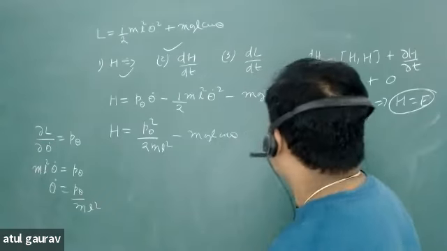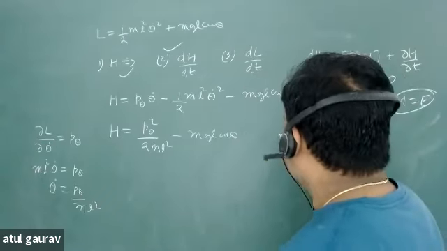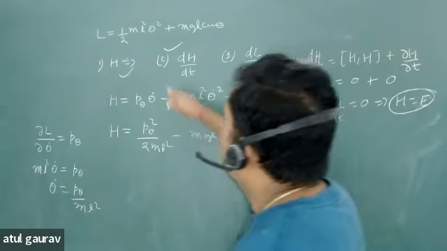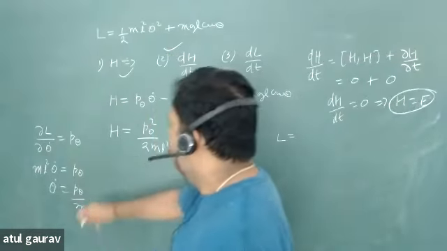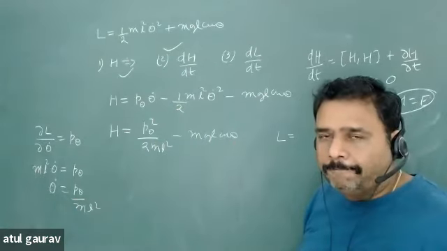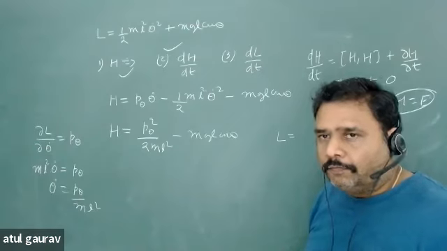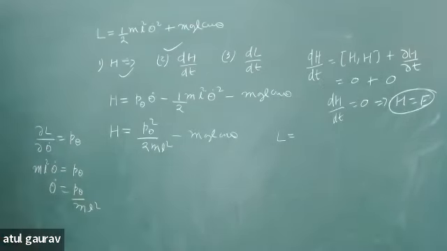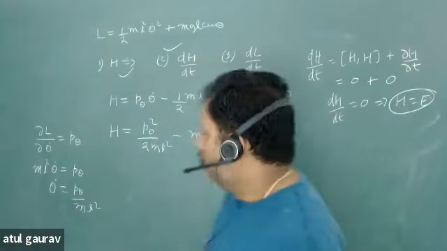So what will my Lagrangian be as a function of generalized momentum? I can again put this theta dot as p theta by m L square. Mathematically, can we do it or not? Yes, we can do it.